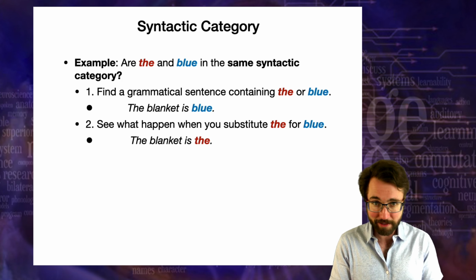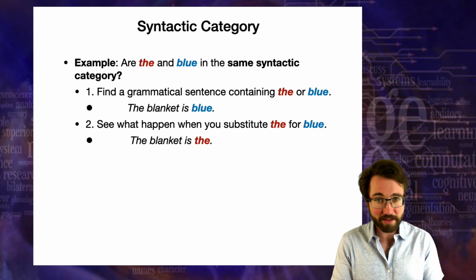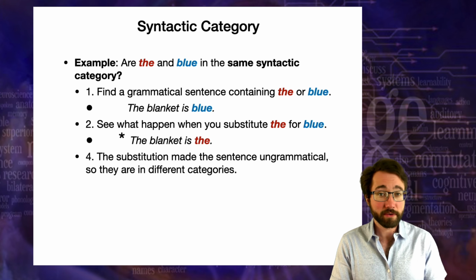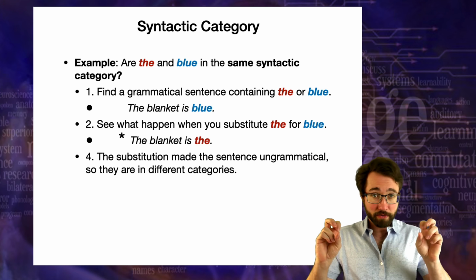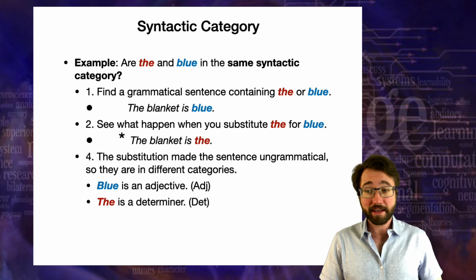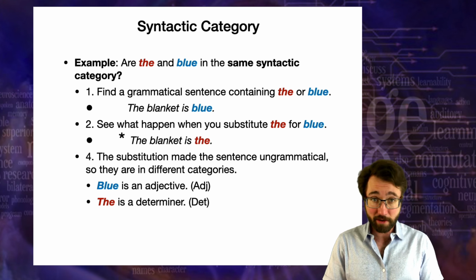Is this grammatical English? The blanket is the, period? No, this is ungrammatical, so it gets the star. We conclude, therefore, that the word blue and the word the are in different syntactic categories. In fact, blue is what we call an adjective, and the is what we call a determiner. The category there is det for determiner.